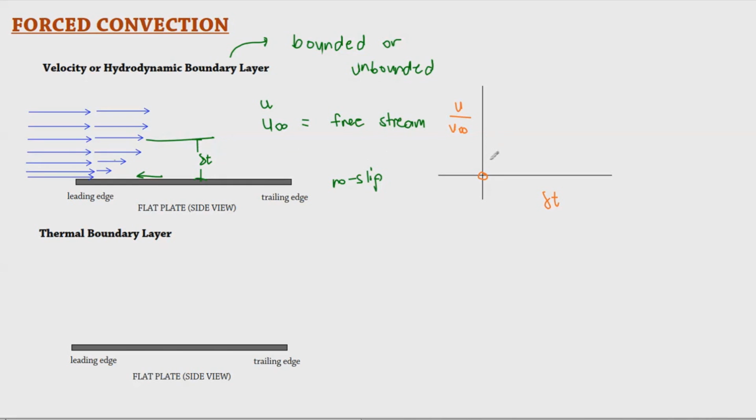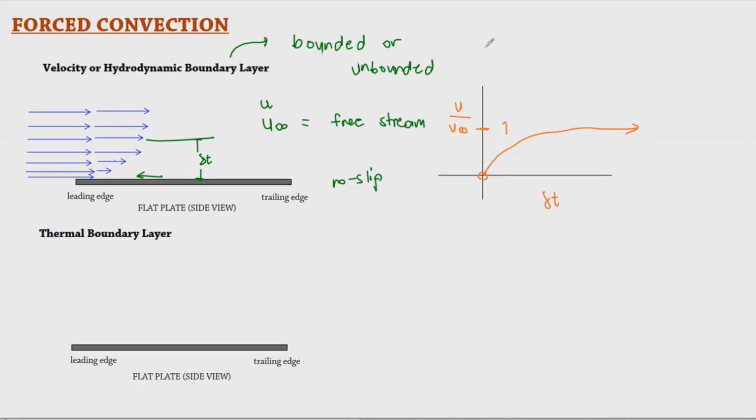But as we move further away from this thickness, we can see that the ratio of this one would be uniform. In this region, this is almost 1, where our velocity is equal to the free stream velocity.